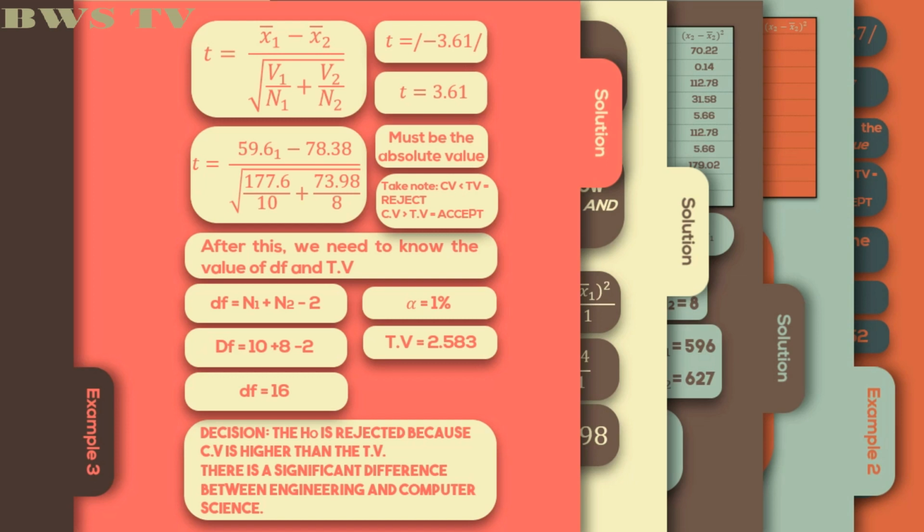If the computed value is less than the tabular value, reject the null hypothesis. And if the computed value is greater than the tabular value, accept the null hypothesis. The decision is the null hypothesis is rejected because the computed value is higher than the tabular value. There is a significant difference between engineering and computer science.